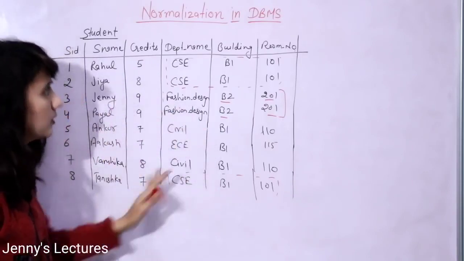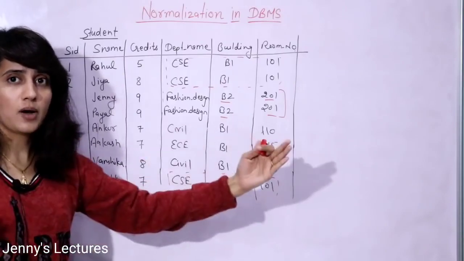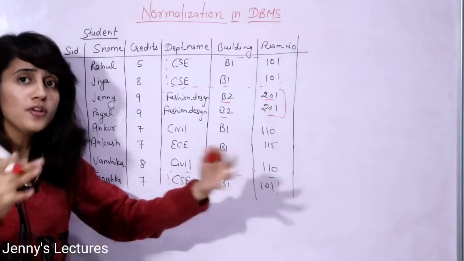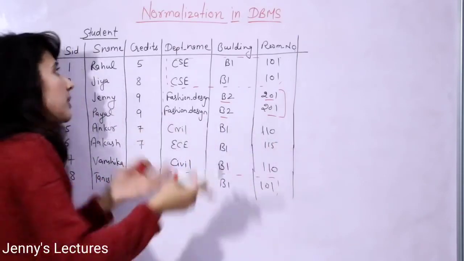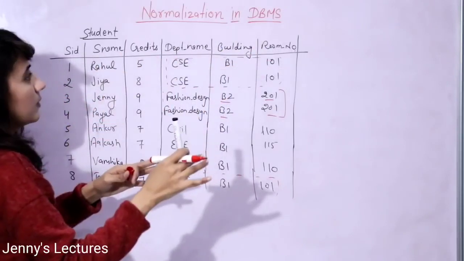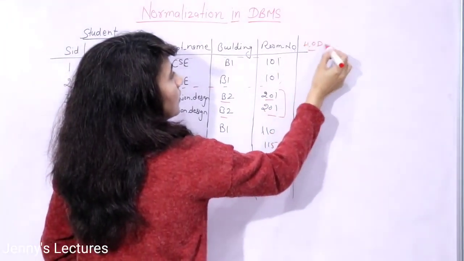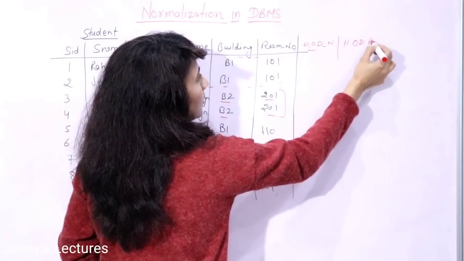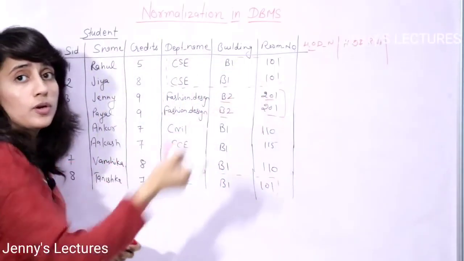Why this problem occurs? Because I am taking a larger schema. I am going to store more information in one table only. Here I am taking only 1, 2, 3, 4, 5, 6 attributes. Suppose in this table also I am taking HOD name, HOD room number, and HOD phone number.